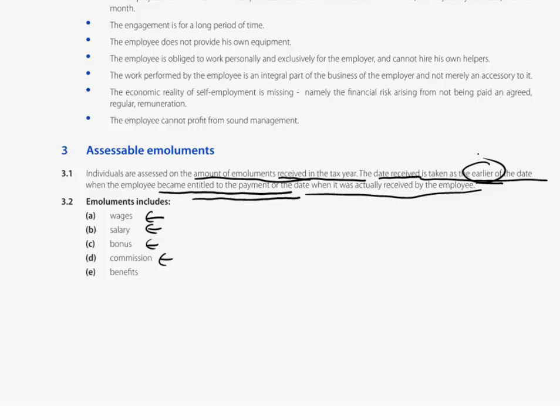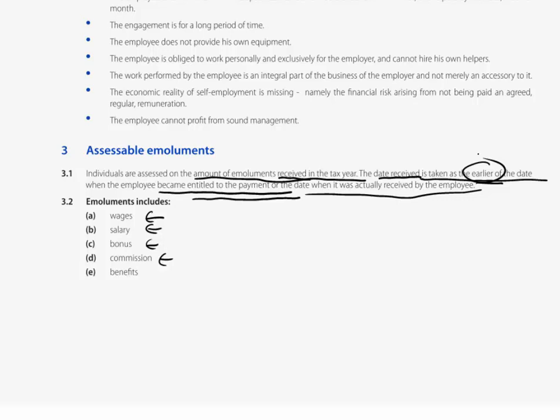So if, for example, the employee became entitled to a payment, maybe a bonus payment from the employer, in March 2016, but didn't actually receive it until April 2016, let us say from the 6th of April onwards, say the end of April 2016, then in which tax year will you actually assess that bonus?